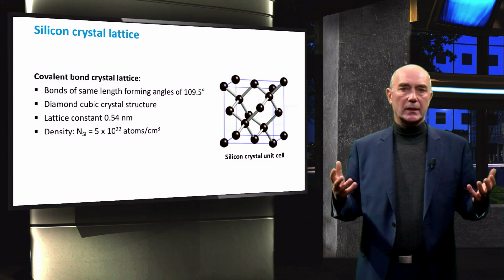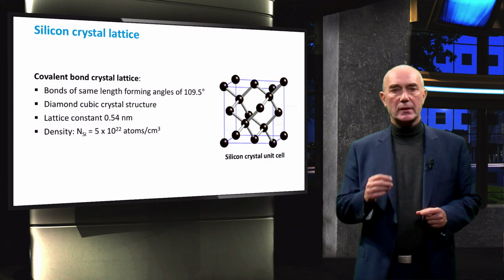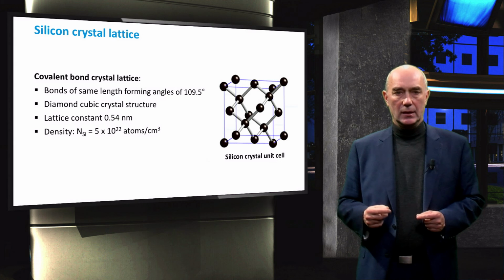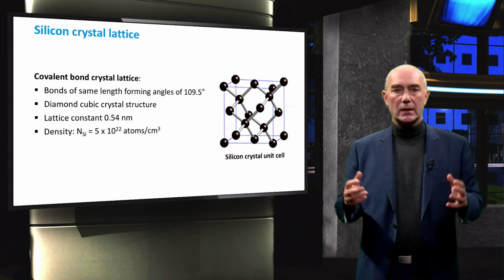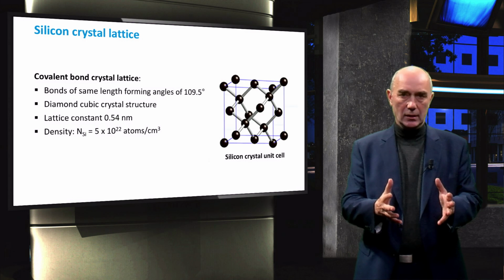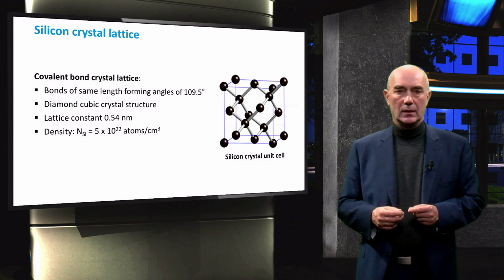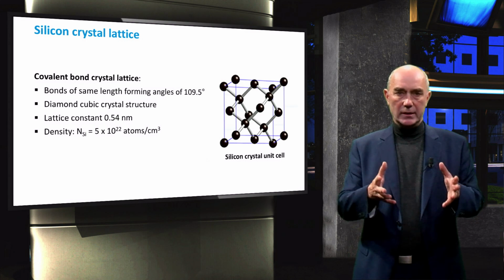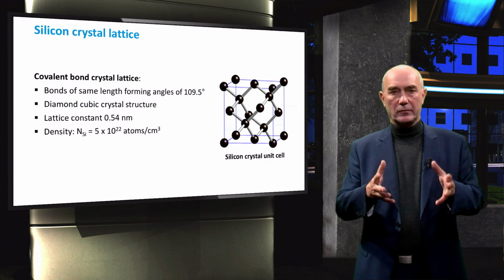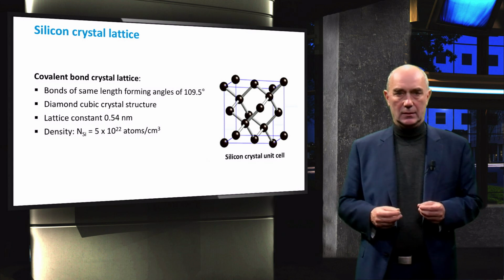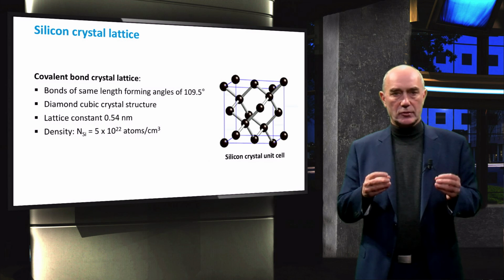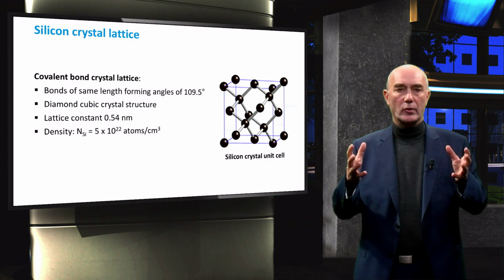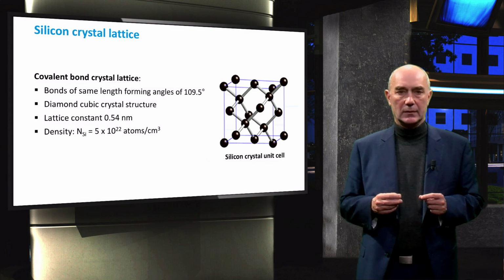For solar cell applications, we are mainly interested in crystalline solids. In a crystalline solid, we can identify a unit cell or a lattice unit. This is the smallest organizational unit of the whole crystal lattice. The crystal lattice is constructed by repeating or adding the unit cells together.